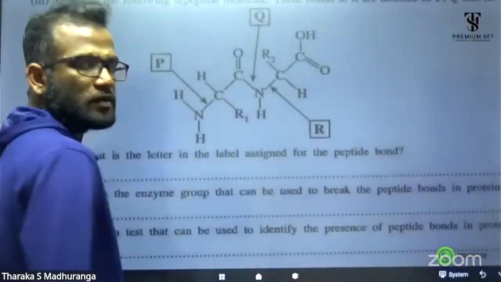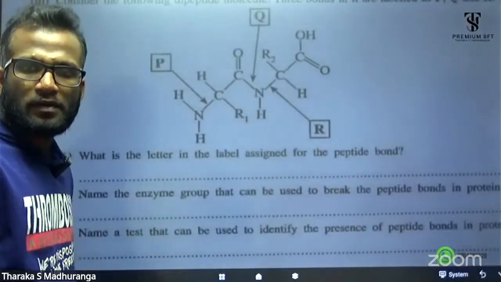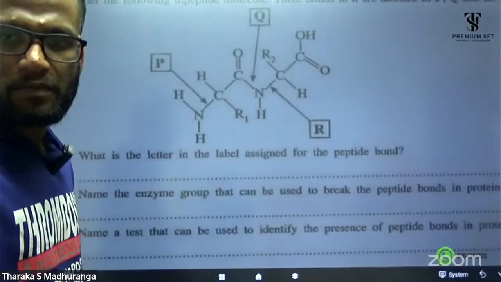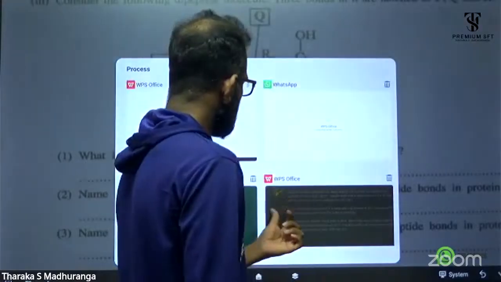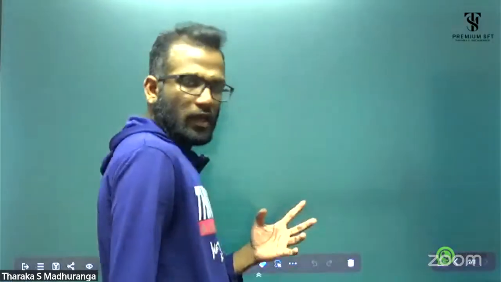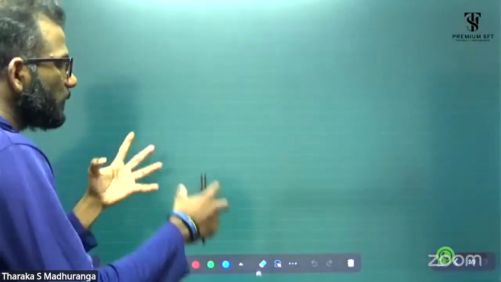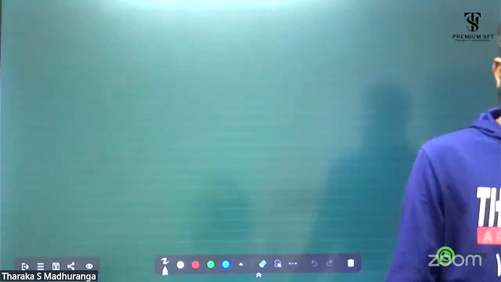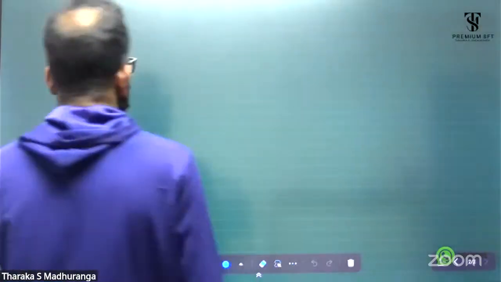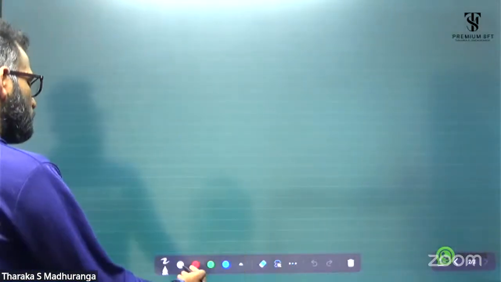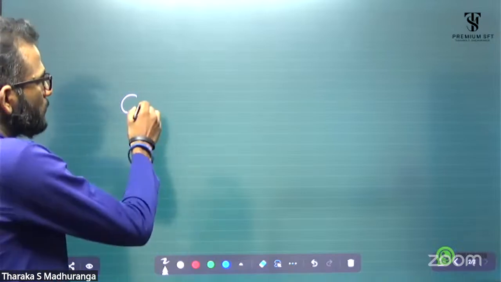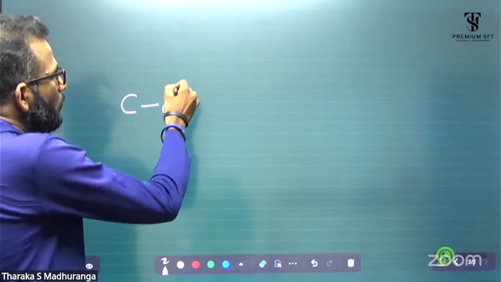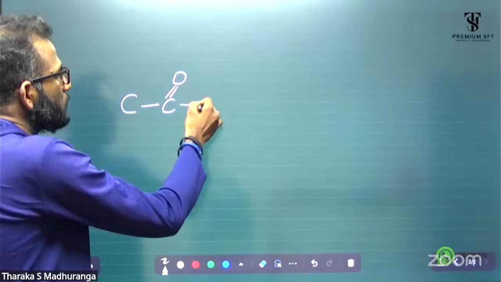Yes, very good. Always, as I already explained in the lesson, the peptide bond always forms between two amino acids. I will draw and explain again. This is the alpha carbon, COOH.